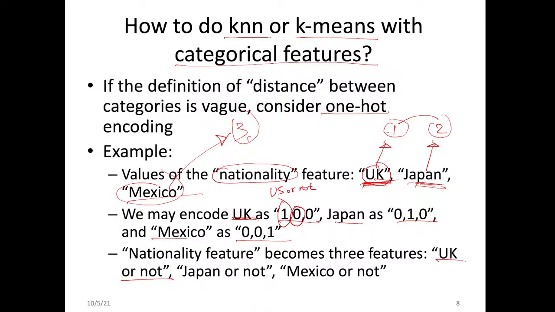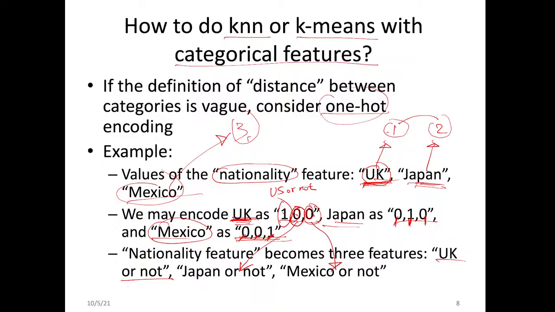The second feature becomes Japan or not. The third feature becomes Mexico or not, right? So for UK we use 3 features, which is 100, because now we have UK but not Japan and not Mexico. And Japan is 010 because this means not UK, this means Japan. That's called one-hot encoding because one of the K features will be on.